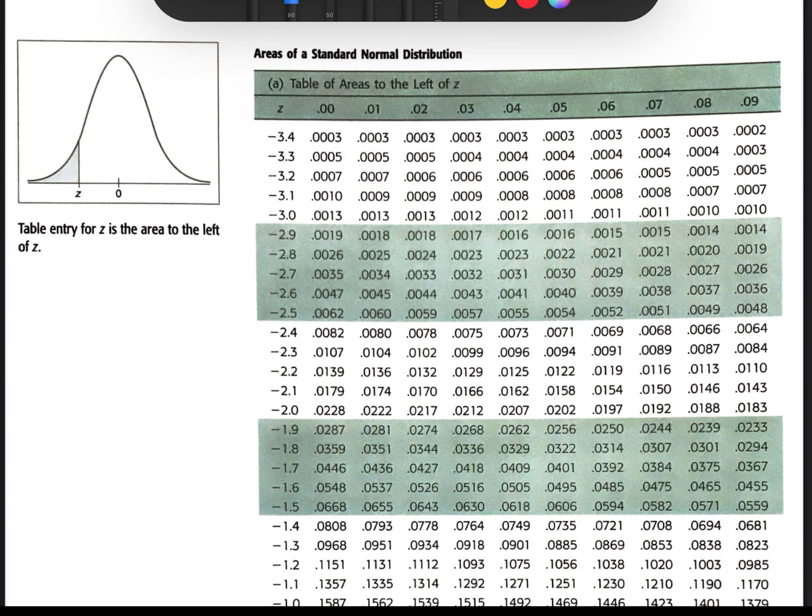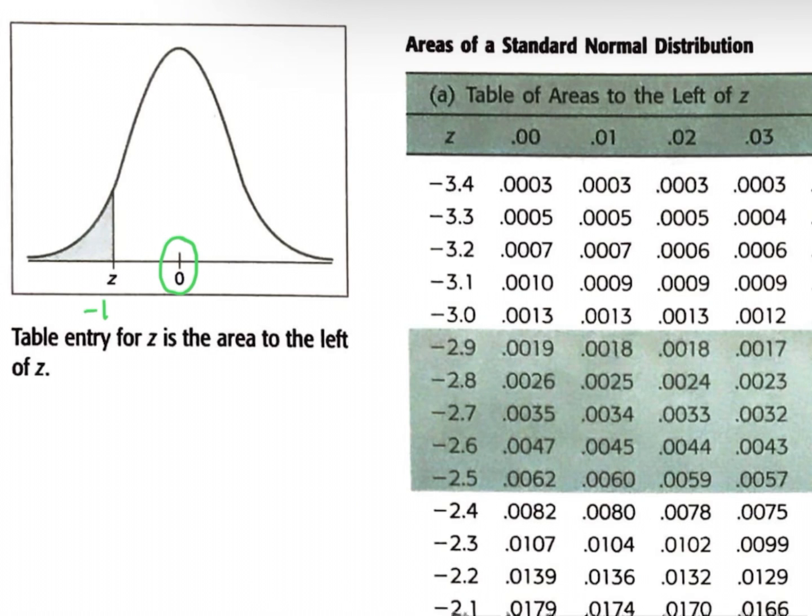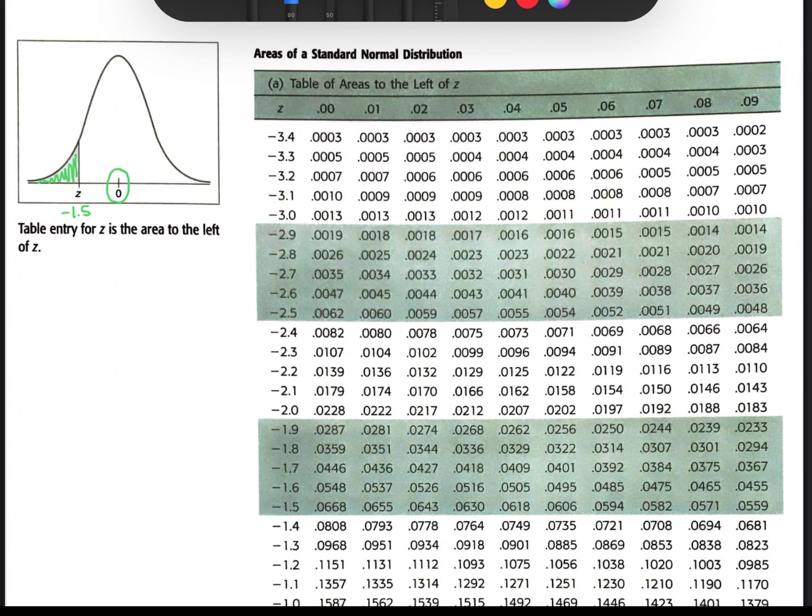When we look at this table for areas of standard normal distributions, you'll notice that mu is centered at 0 because the average is going to be 0. And then our z-score, which in our case is negative 1.5, is already calculated as a less than or equal to probability. That's how this table works.